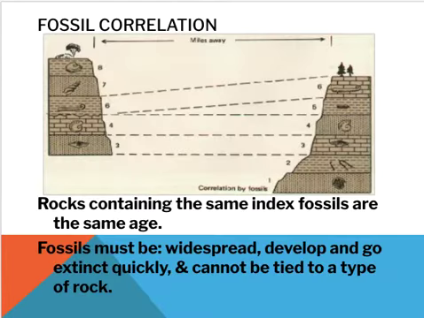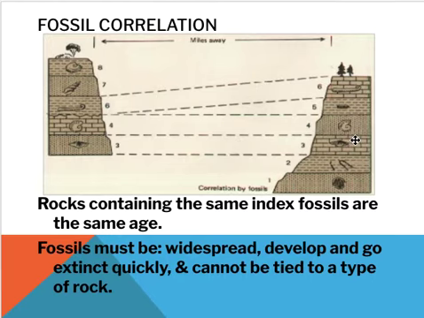Then the last one we added was fossil correlation. I think the hardest thing about this one is it's not about the rock, it's about the fossil. So we're using our knowledge of biology here to date rocks. What we see is this snail shell matches this snail shell, so we know those are both the same age. This party horn matches that party horn. Notice how the rock background behind those is different on each side.